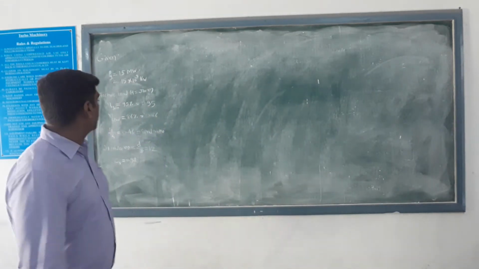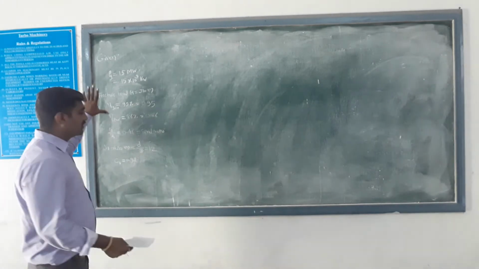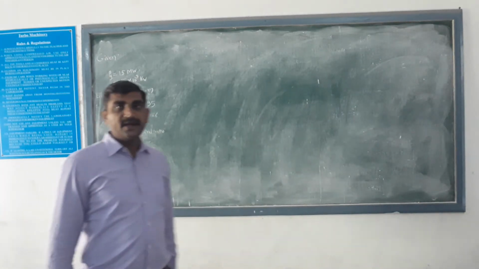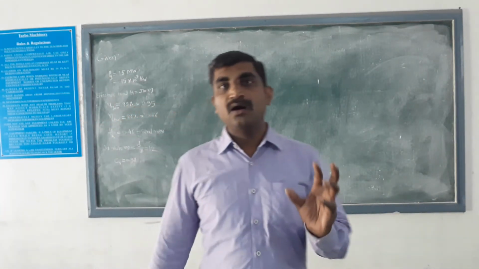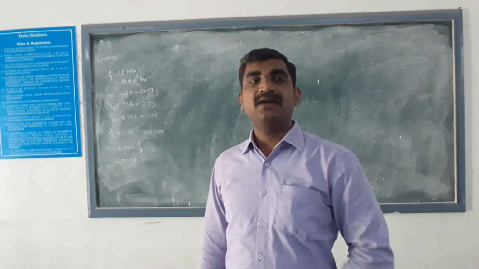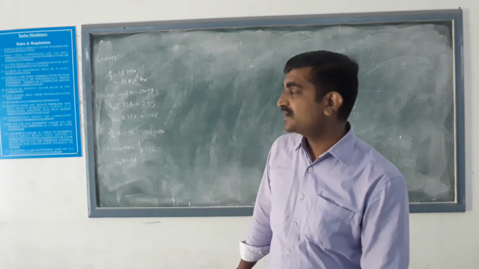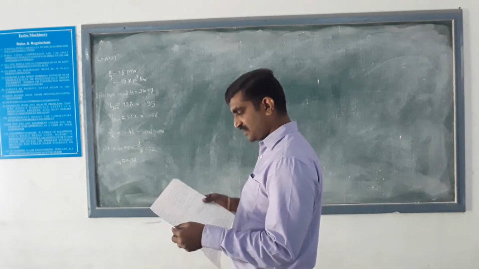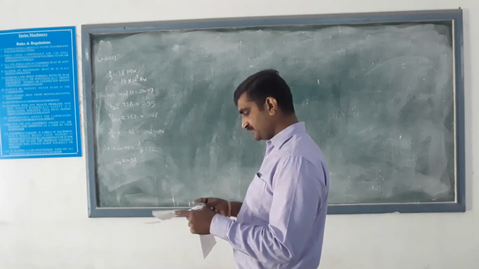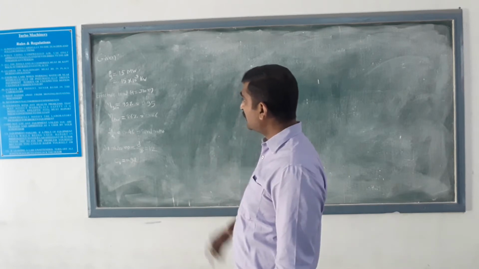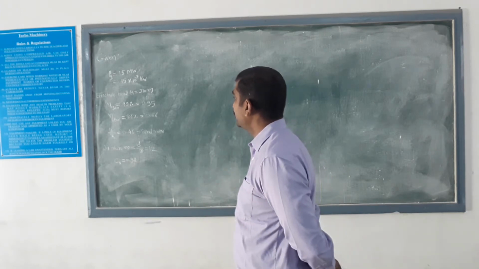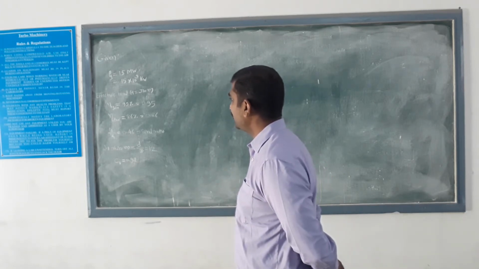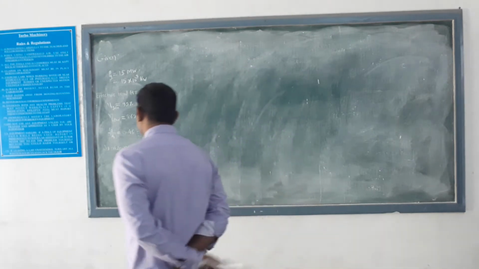Firstly, try to find out the inlet and outlet triangle parameters, use this data and solve the problem. Firstly, we know Cv.